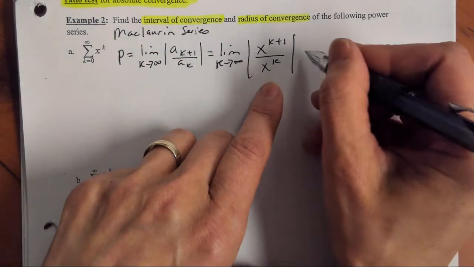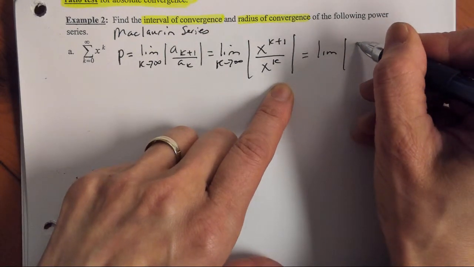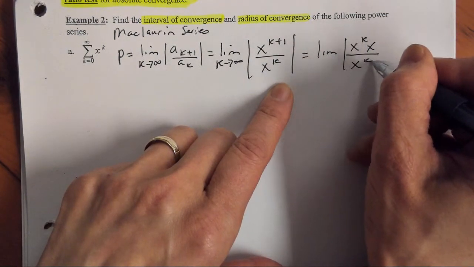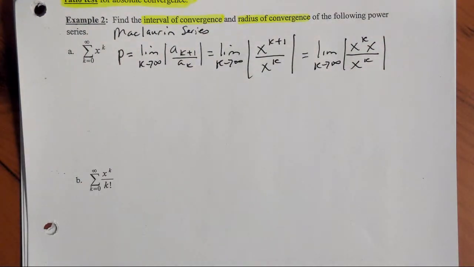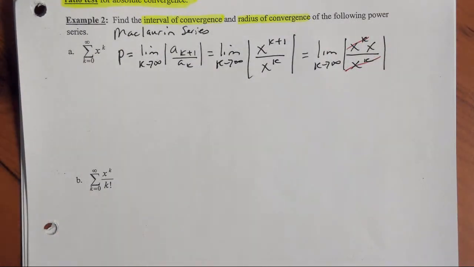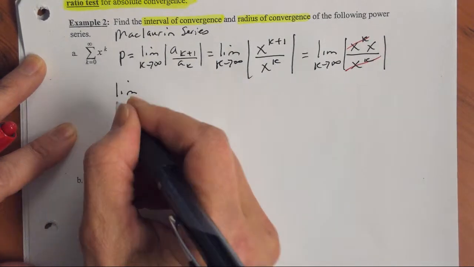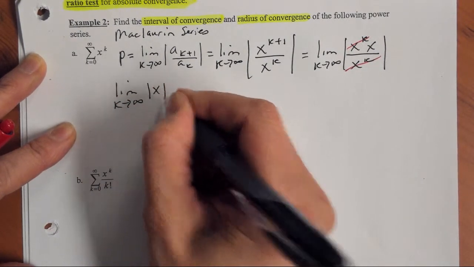Okay, then you're going to do the simplifying on this. So it's the limit, and then I'll write it as x to the k times x all over x to the k as k goes to infinity. And then we can cancel. Cancel, cancel. So then you end up with limit as k goes to infinity of the absolute value of x.